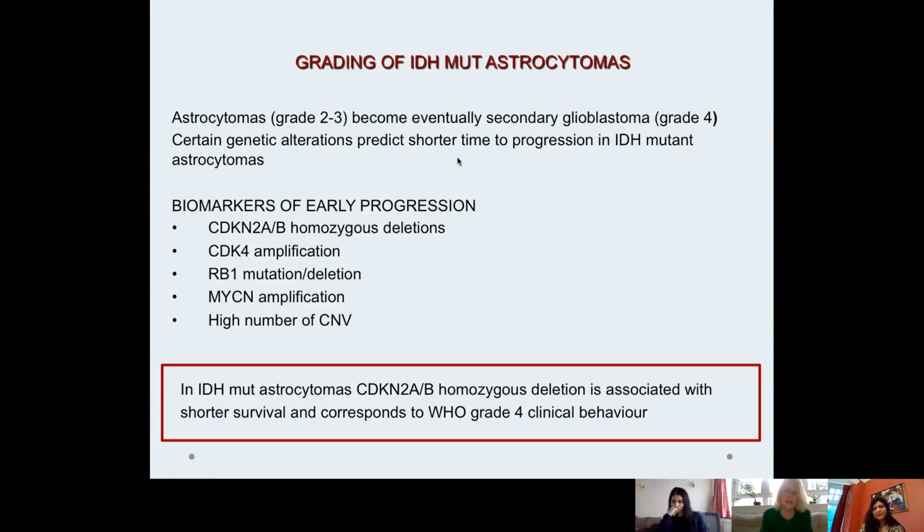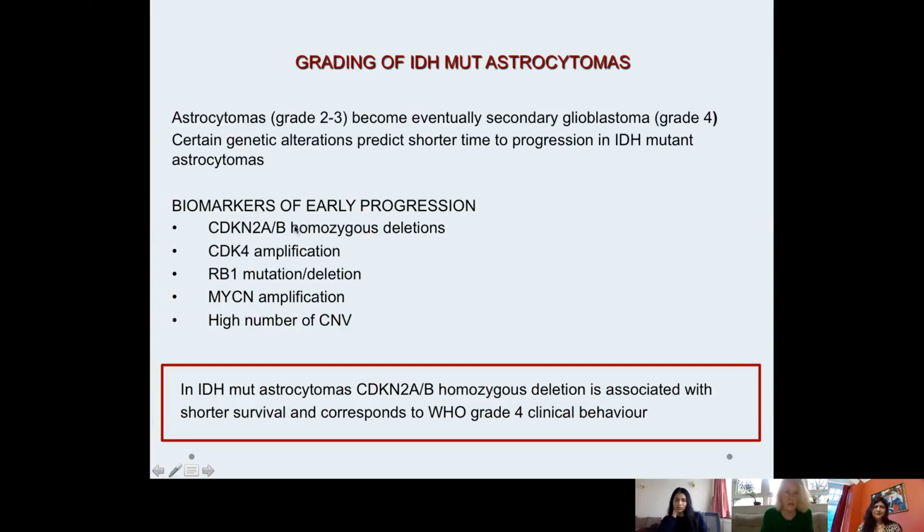And until recently, we haven't really had any marker that would predict a progression in diffuse gliomas. However, in recent years, several markers have been identified. And I will not go through all of them, but the most important one for now, because the most evidence we have, is the presence of a homozygous deletion in the CDKN2A and B gene.